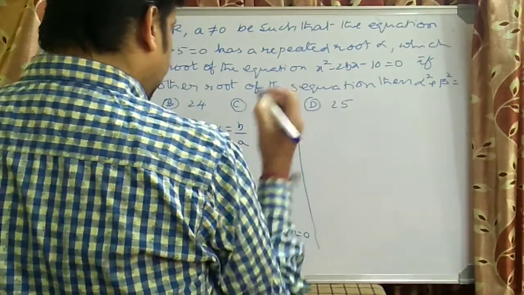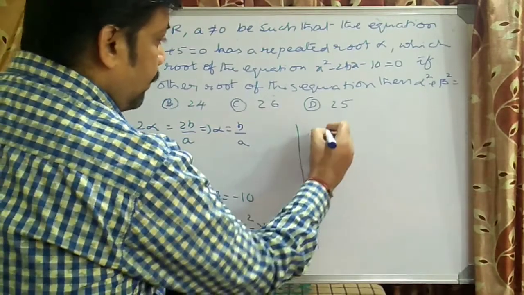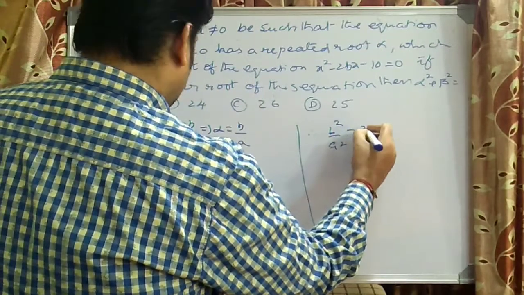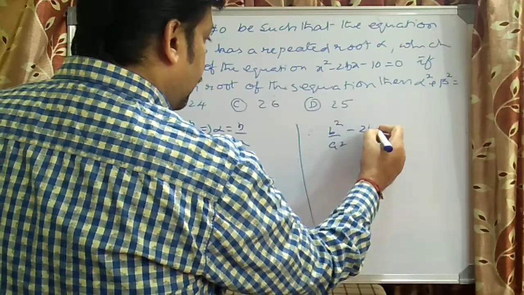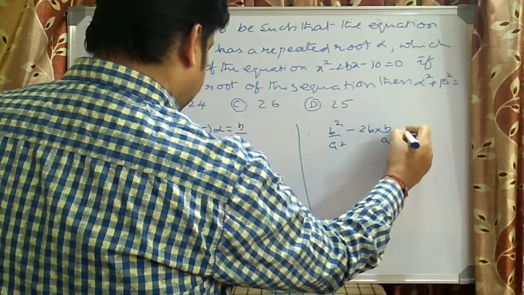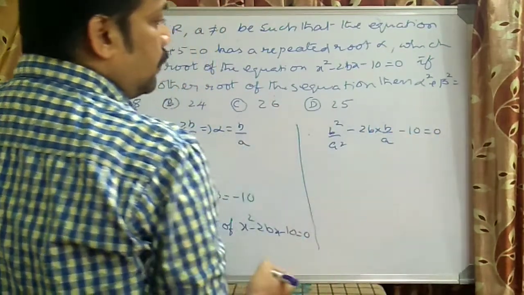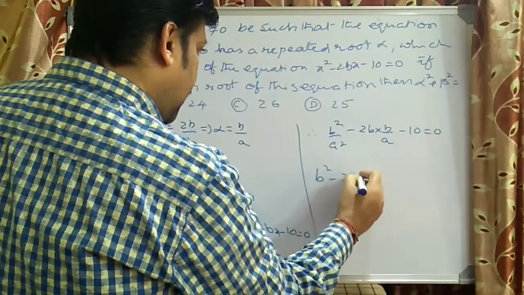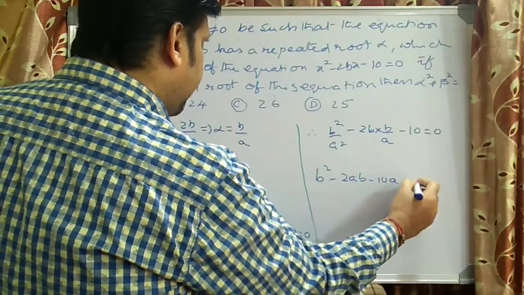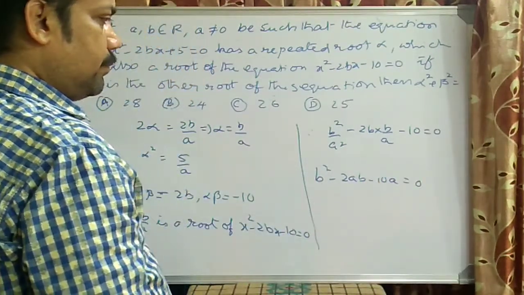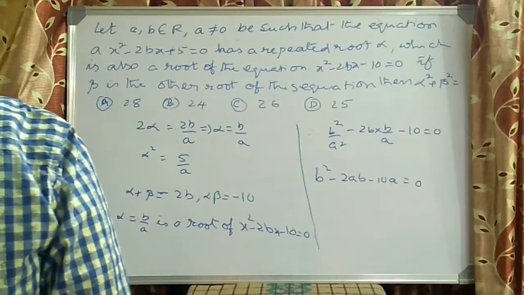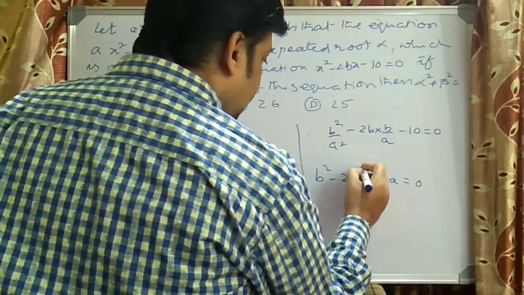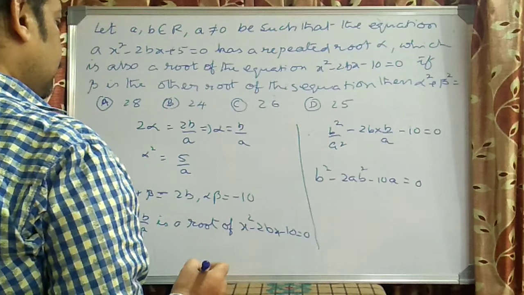Therefore, substituting b by a in the place of x, I have b square by a square minus 2b into b by a minus 10 is equal to 0. So this is b square minus 2ab square minus 10a is equal to 0. Is it clear?